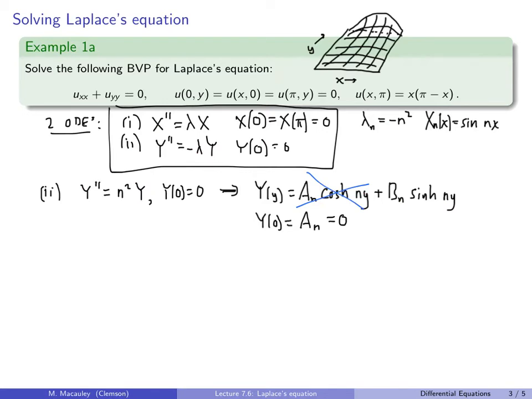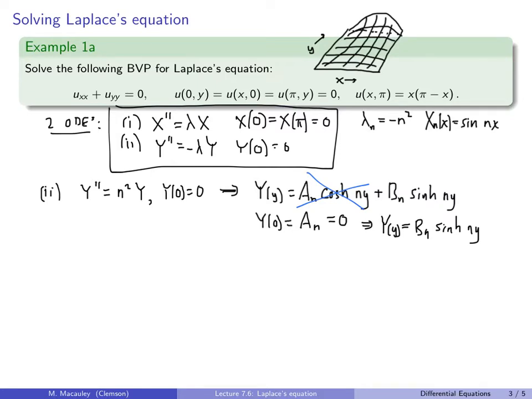So now we have our solution y equals, oops, I forgot my B_n, B_n sinh of ny. And if I wanted to, I could really drop this B_n because I'm going to add the constants in later.